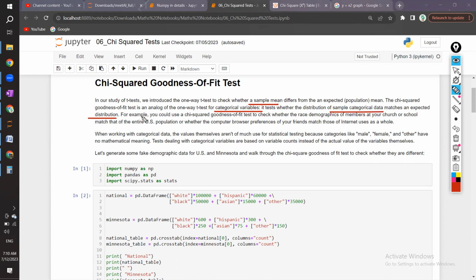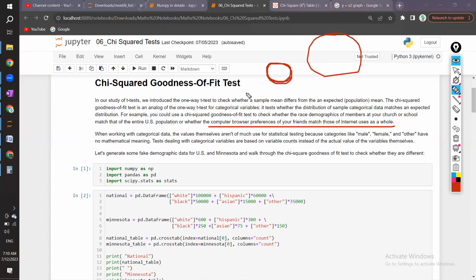For example, you can use it to check whether the race demographics of members at your school or church match the entire US population, or whether the computer browser preferences of your friend match those of internet users as a whole.